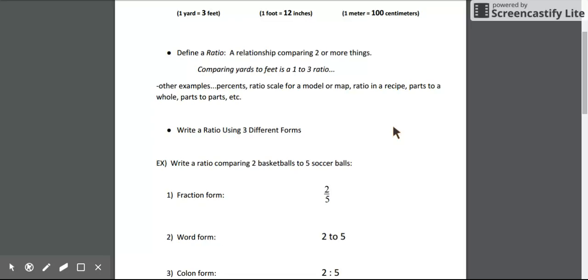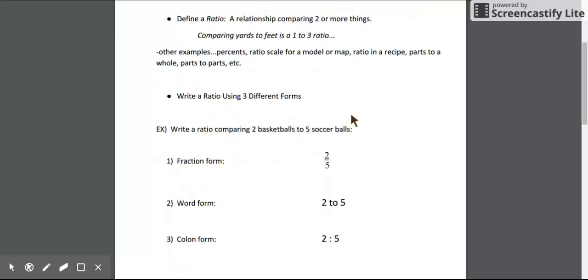We have ratios that we use in recipes when we want to double a recipe or triple a recipe. And then in general, anything that we compare is a ratio. So we can compare parts of something to parts of something else. Or we can compare parts of a total amount of something or parts of a whole. So lots of different ways we can use ratios in real life.